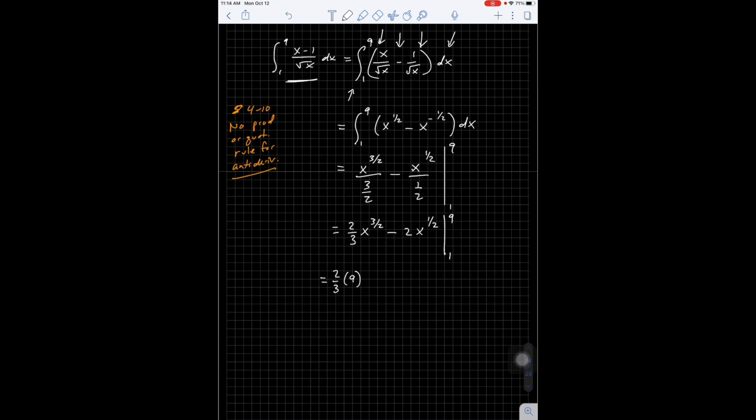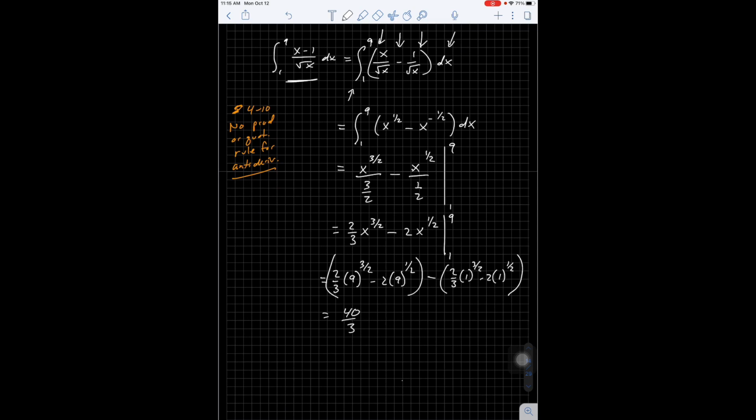So this is going to be 9 to the 3/2 minus 2 times 9 to the 1/2. This is my f of b minus f of a. And you can do some calculations on those. I think it ends up being 40 over 3.